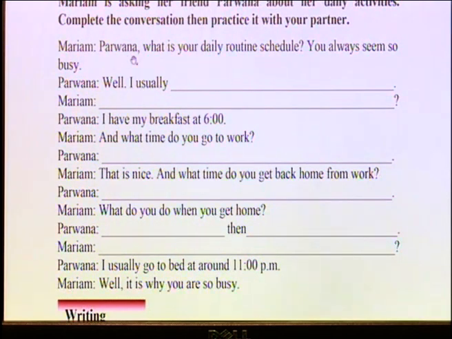مریم: پروانه، what's your daily routine schedule? Schedule means timeline or timetable. یعنی فعالیت‌های روزانه تان، تقسیم اوقاتی که فعالیت روزانه شما دارین چی هست؟ You always seem too busy. شما همیشه به نظر مصروف میرسین. Well, I usually من جمله را قسم خانه پوری میکنم.